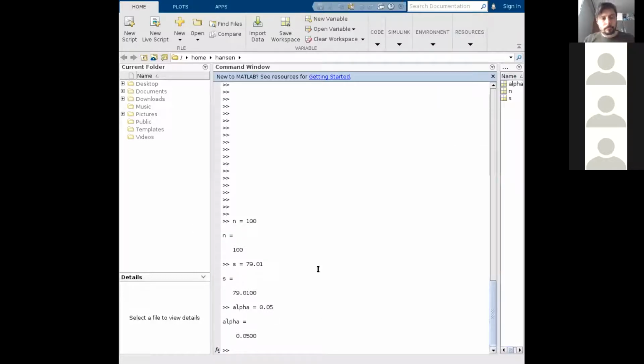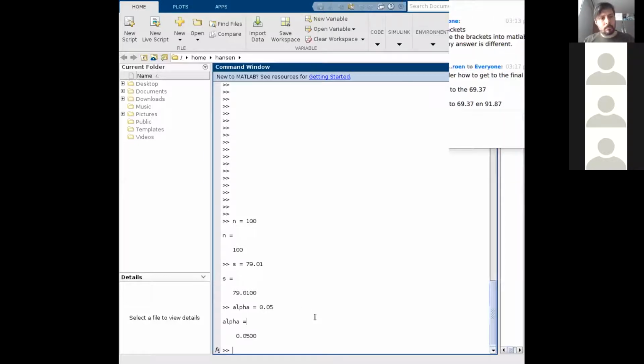So I am going to calculate first H1 as the chi-squared inverse, and now my n was 100, so I'm going to use n minus 1. I'm looking for the statistic for the lower part.